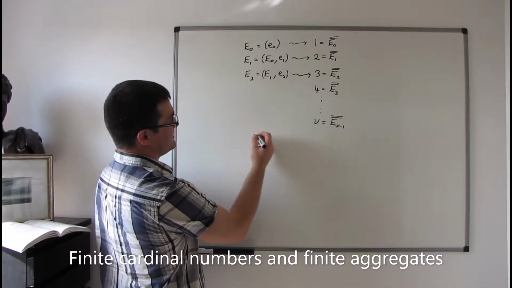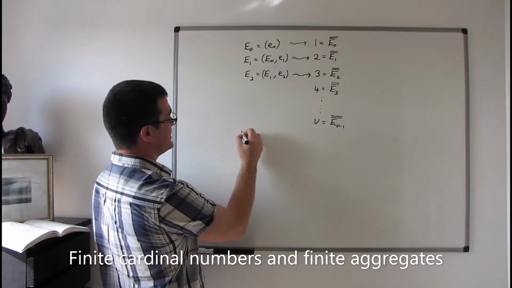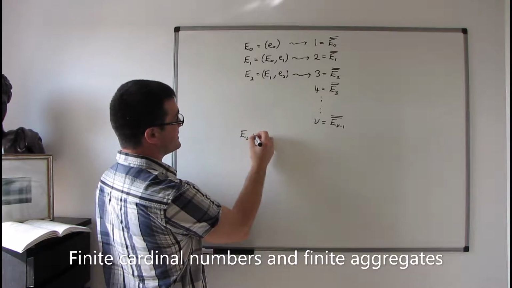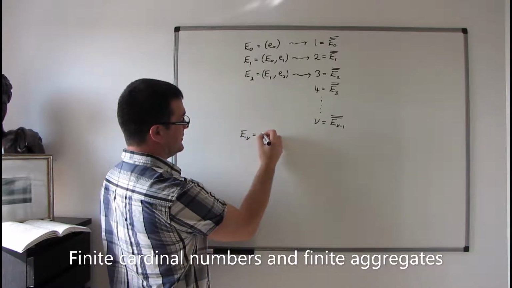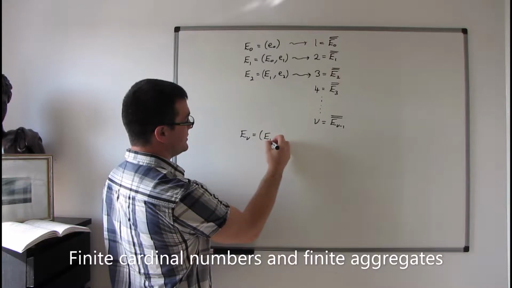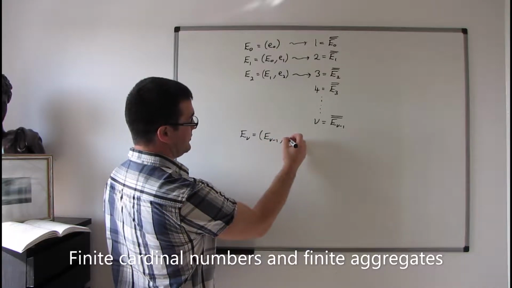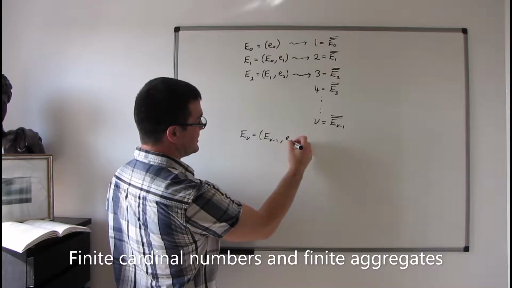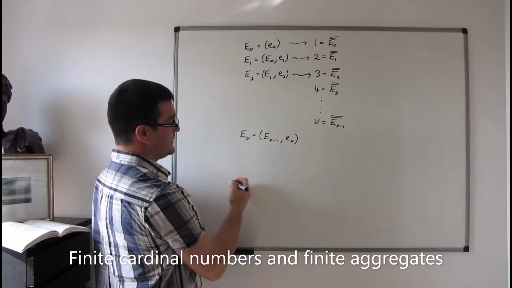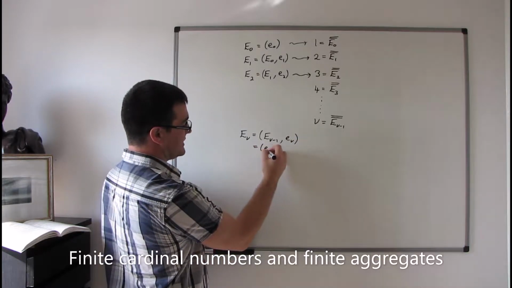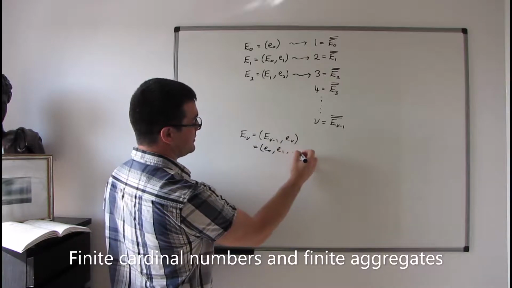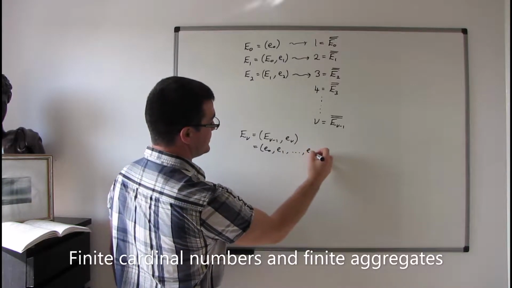We can also see in general that E nu is going to be equal to the union aggregate of E nu minus 1 with a different element e nu, which can be written as E0, E1 up to E nu.